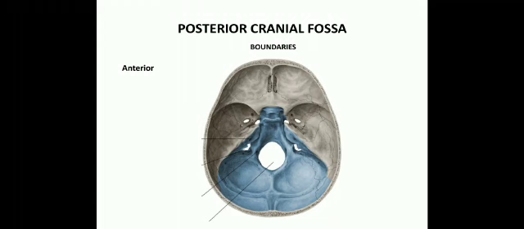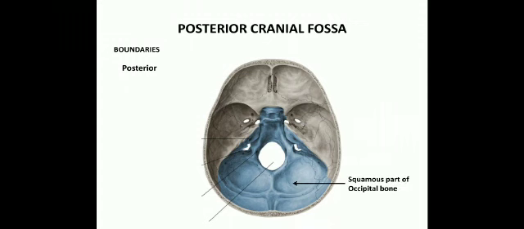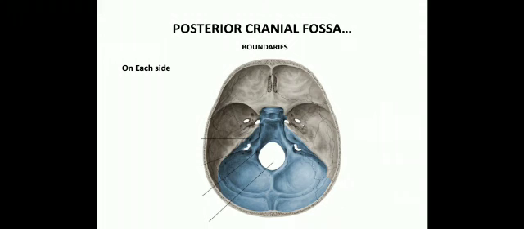The boundaries: anteriorly, the dorsum sellae of the sphenoid bone and the superior border of the petrous temporal bone. On the posterior aspect, the squamous part of the occipital bone. On each side, the mastoid part of the temporal bone and the mastoid angle of the parietal bone.